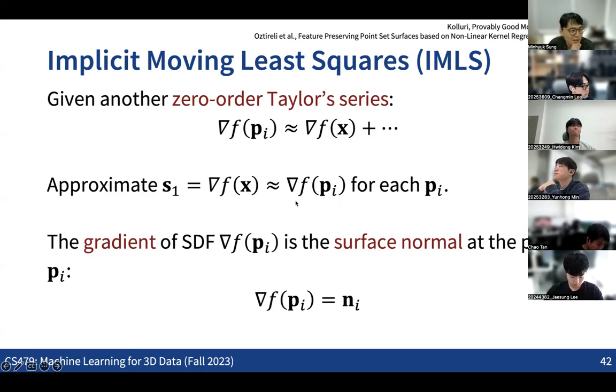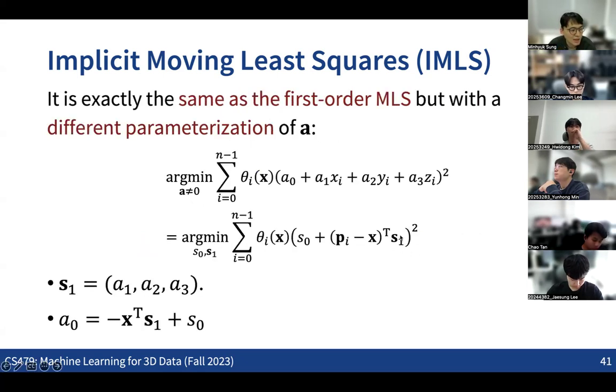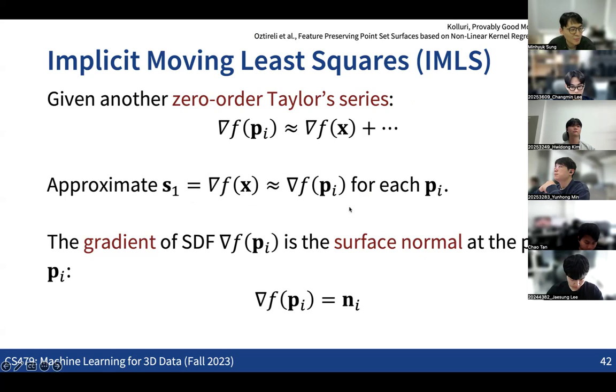The gradient of the signed distance function at each of the points is actually the surface normal direction, right? So what we want to do is that we are not using the S1 here for all the points, but we are going to change this S1 by taking this really bad approximation, replacing this gradient with the gradient of the function at the point pi here, which basically becomes the surface normal information, right?